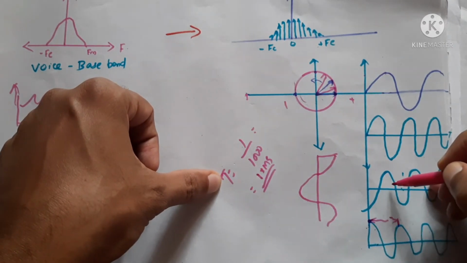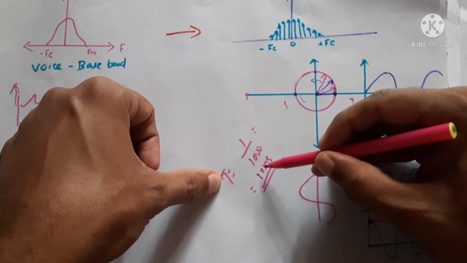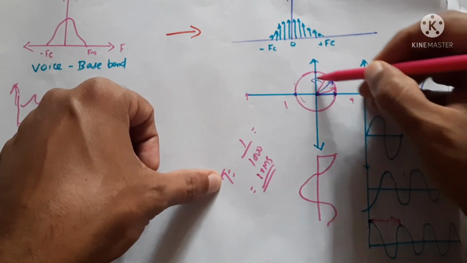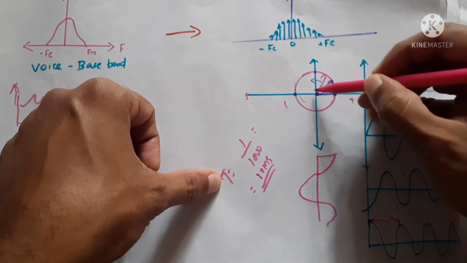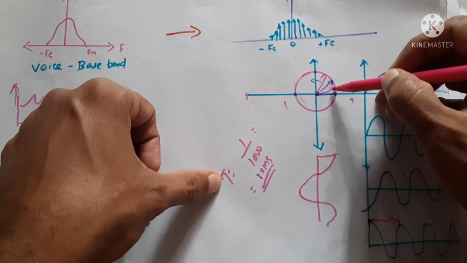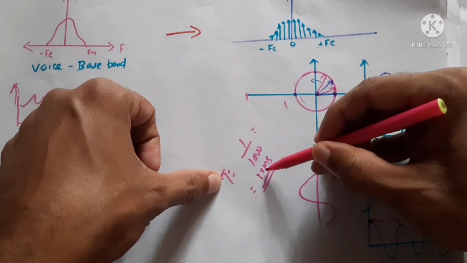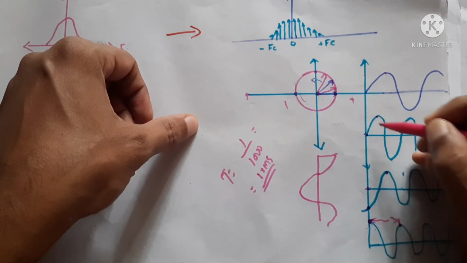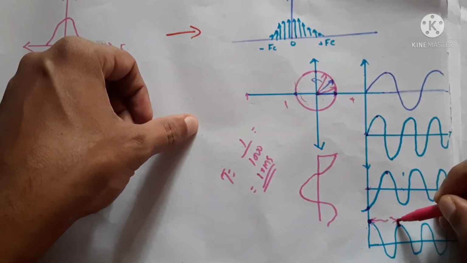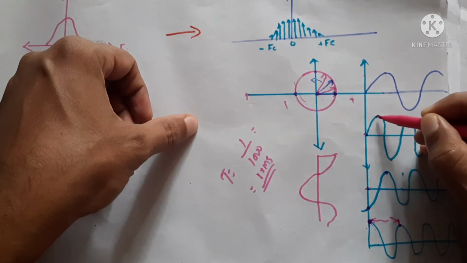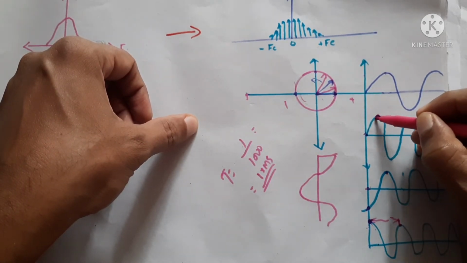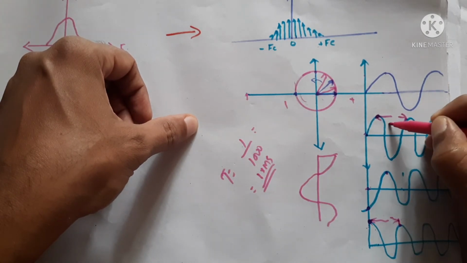If we take another signal with a higher frequency, it will not take that much time because it is running at a very high speed. So it will take very little time, less than 1 millisecond, to complete one cycle. The frequency of the signal is different. This signal takes 1 millisecond, but this signal from here to here will take less than 1 millisecond.